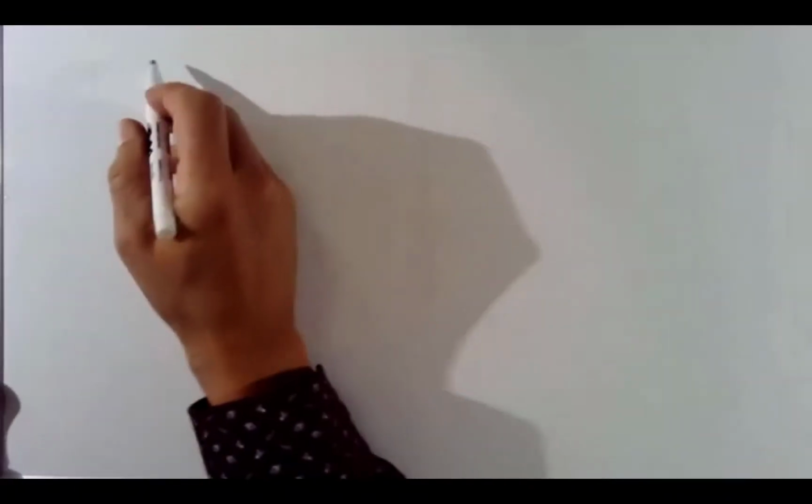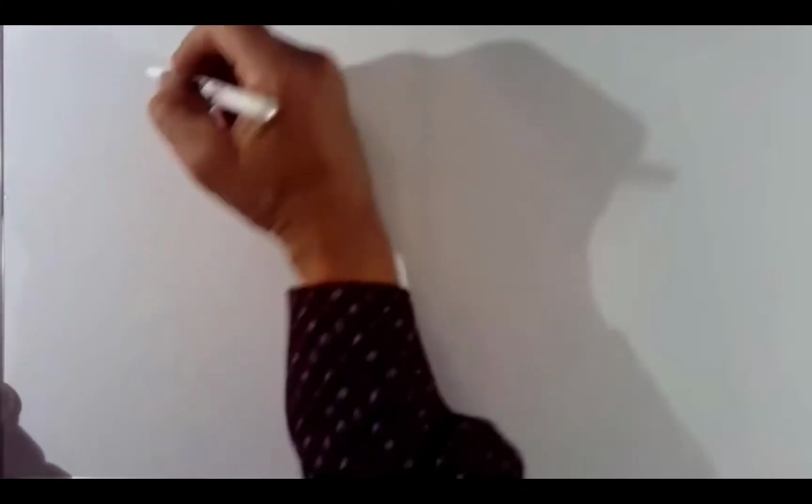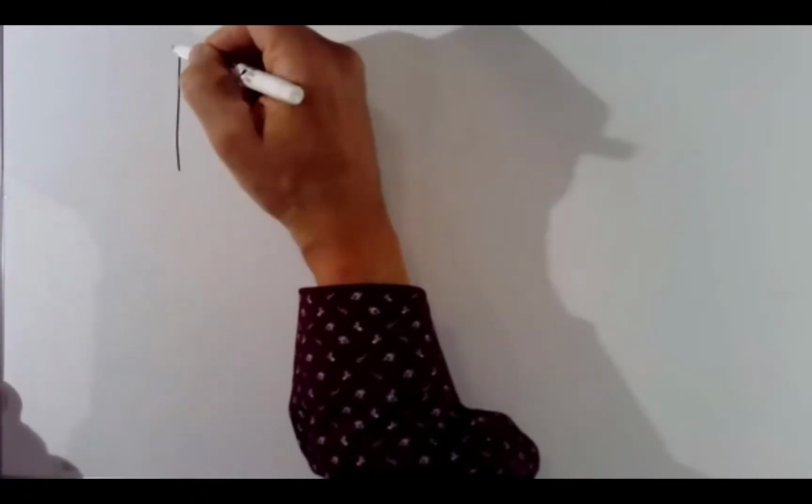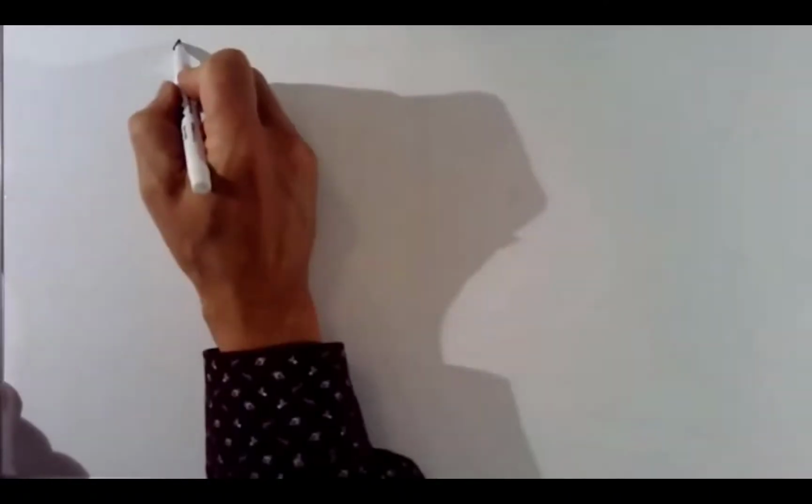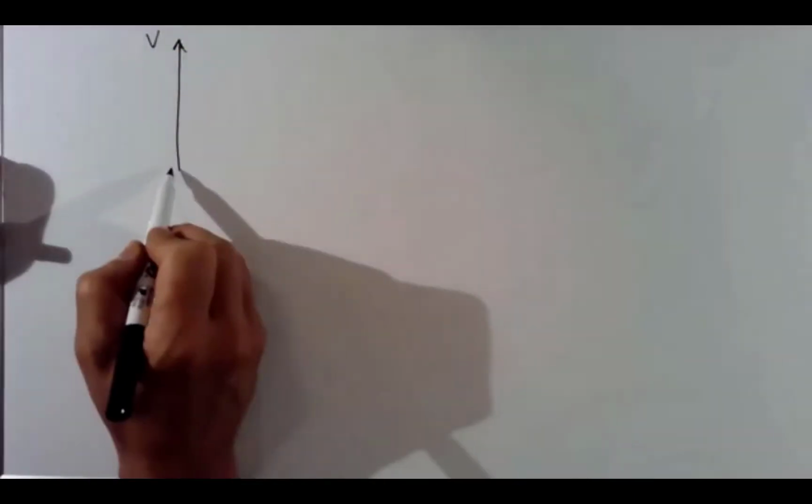Let's talk about just the vertical axis. This is a voltage, and that voltage represents digital information, binary information, ones or zeros.